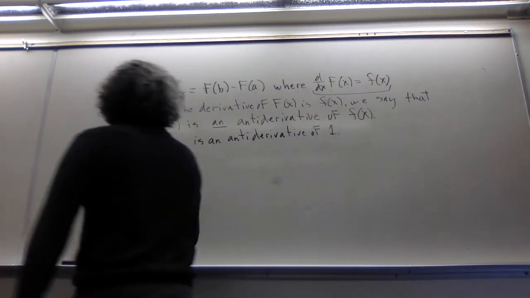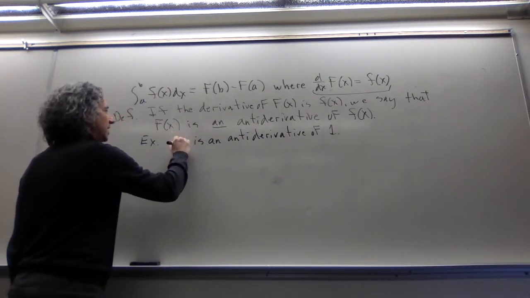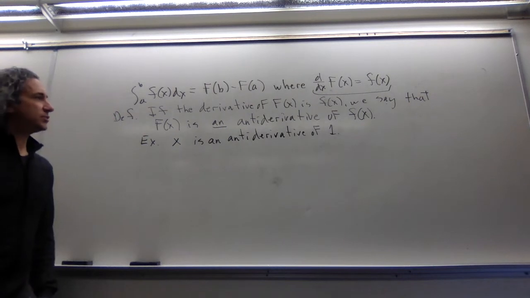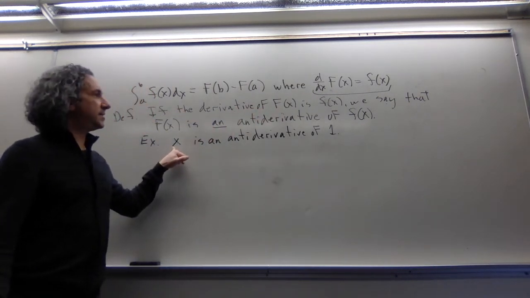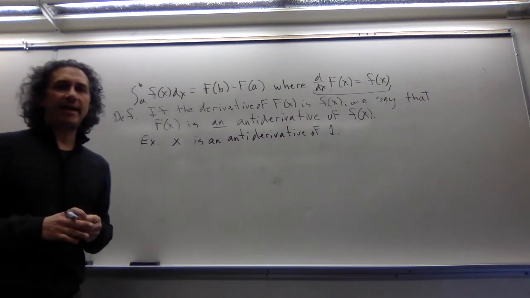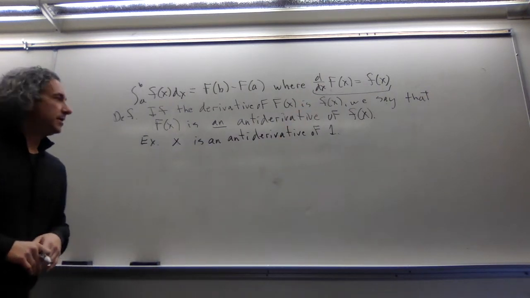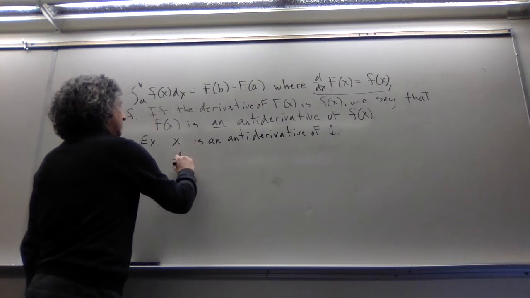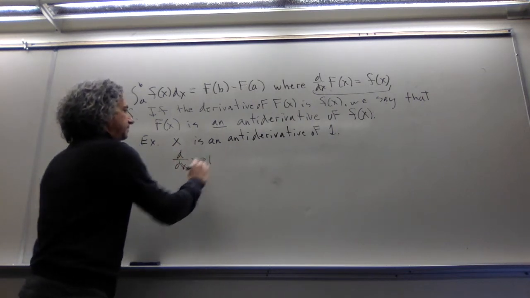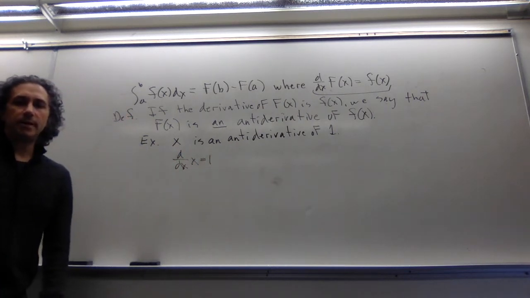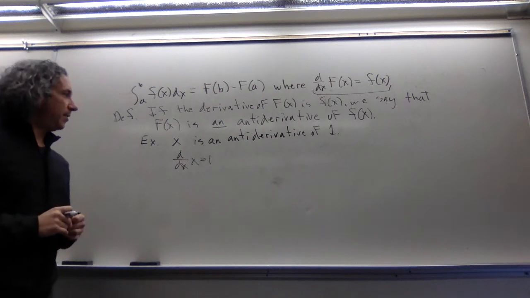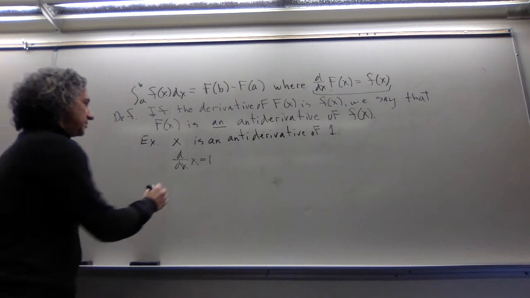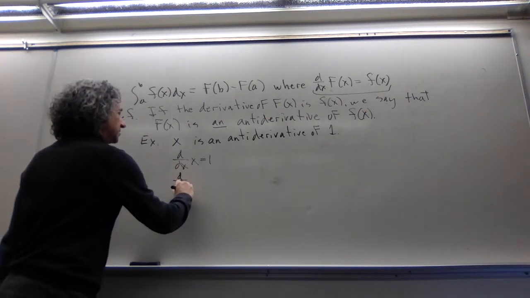Right, well, I thought of the function x. x is an antiderivative of 1. Why? Because the derivative of x is 1. Well, some of you may not have chosen x. So as an example, maybe somebody out there chose x plus 2.